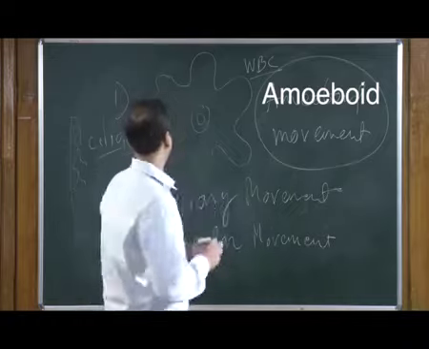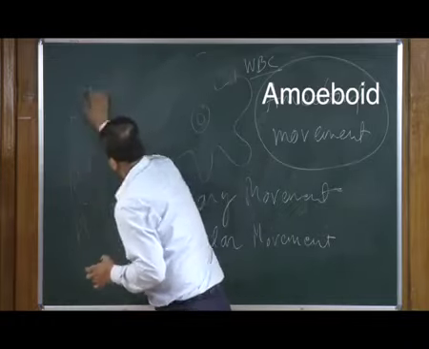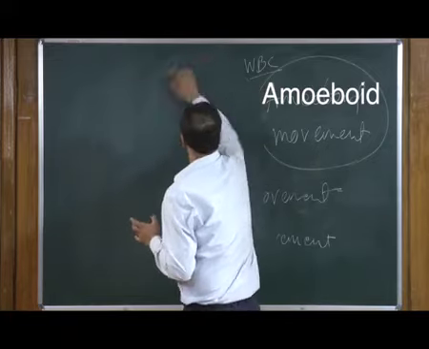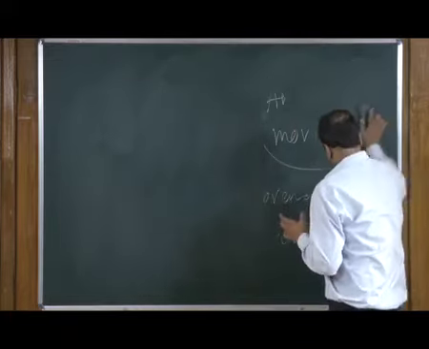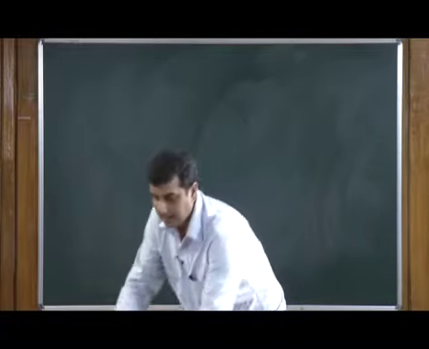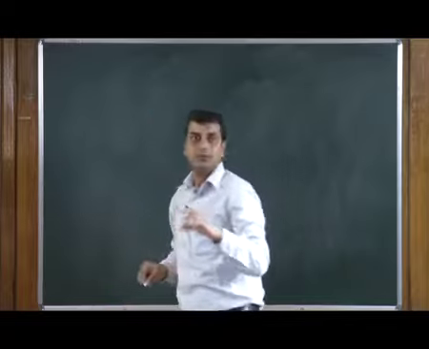One more thing we would like to discuss here is the differences between the cardiac muscle and the skeletal muscle. Let's see and discuss a little bit, because this is important.